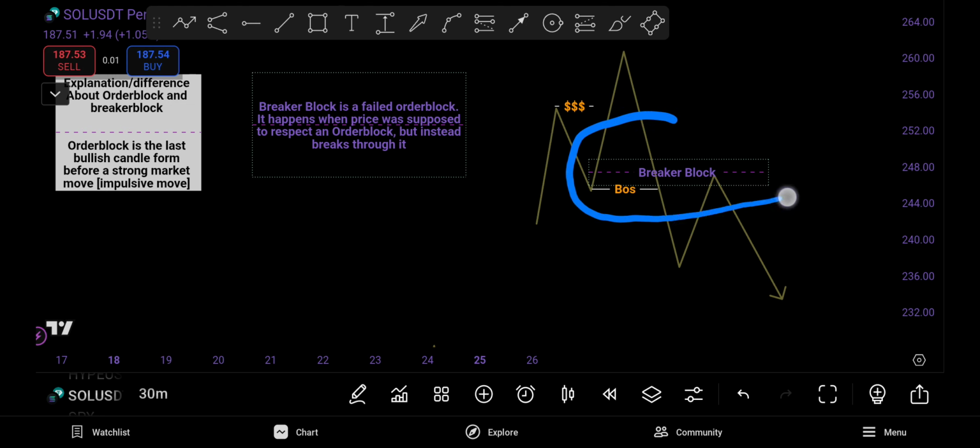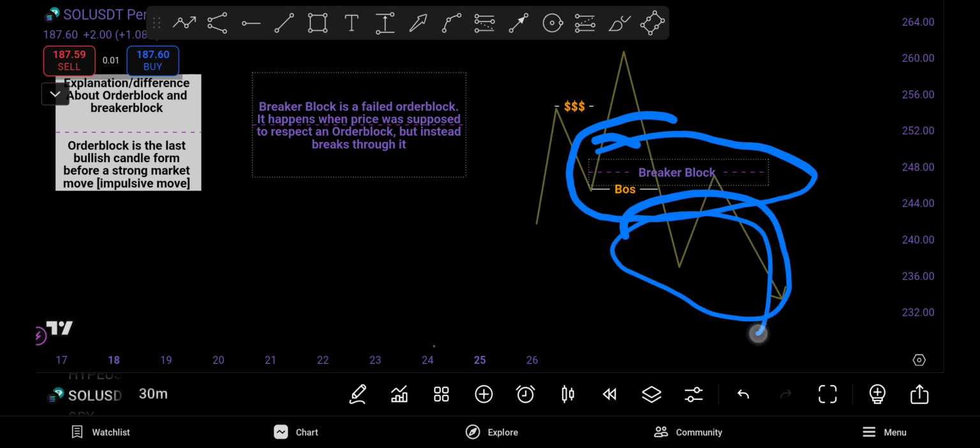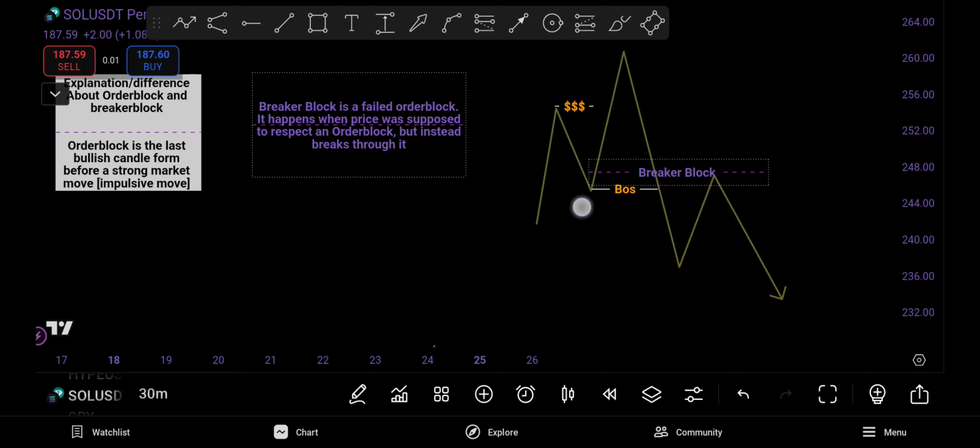Let me say this is a bullish order block. Let's not talk about this area now, I'll talk about this main part over here. Let's say this is a bullish order block drawn.